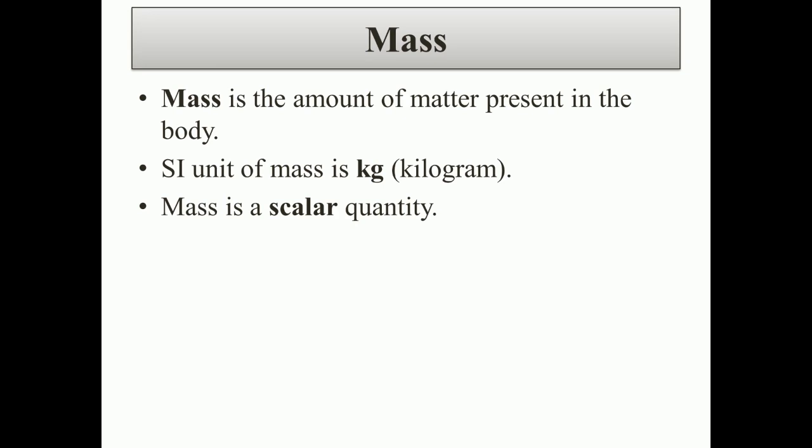It shows you direction: go left, go right, go straight, then you will reach your destination. So displacement is a vector quantity, and mass is a scalar quantity. When you measure your weight on a weighing machine, it shows you 50-60 kilograms, which is just a real number, so it is a scalar quantity.